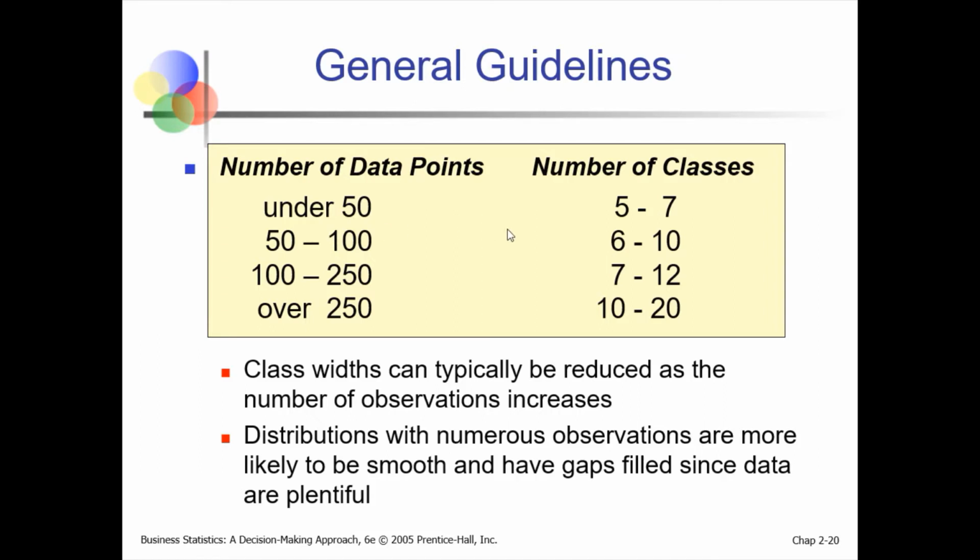Now, if ang imong number of classes is gamay, parehaan ni siya, gagmay, like 20 ra ka buok, ang imong number of classes, of course, mo gamay pod, kay gamay ra man pod ang imong data points. So, ang distribution with numerous observations, that is kung daghan kag data, daghan kag sample, mas smooth siya tan-awon.